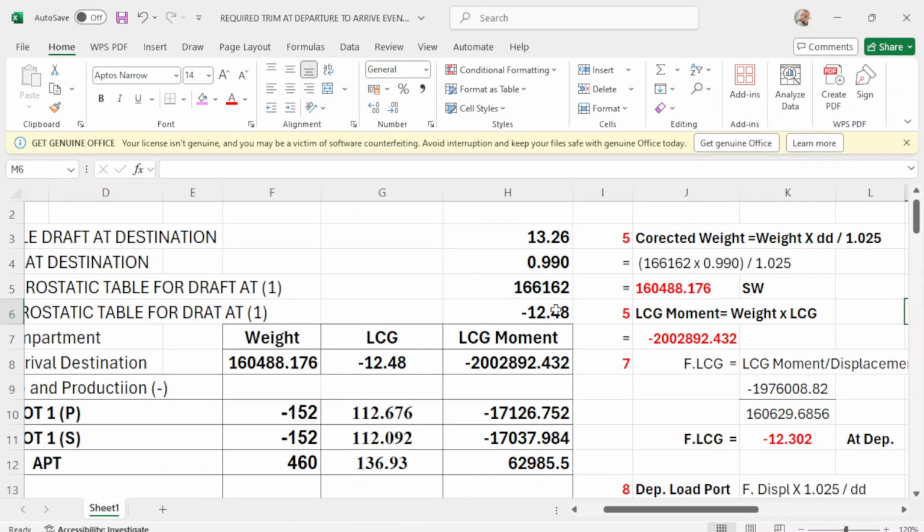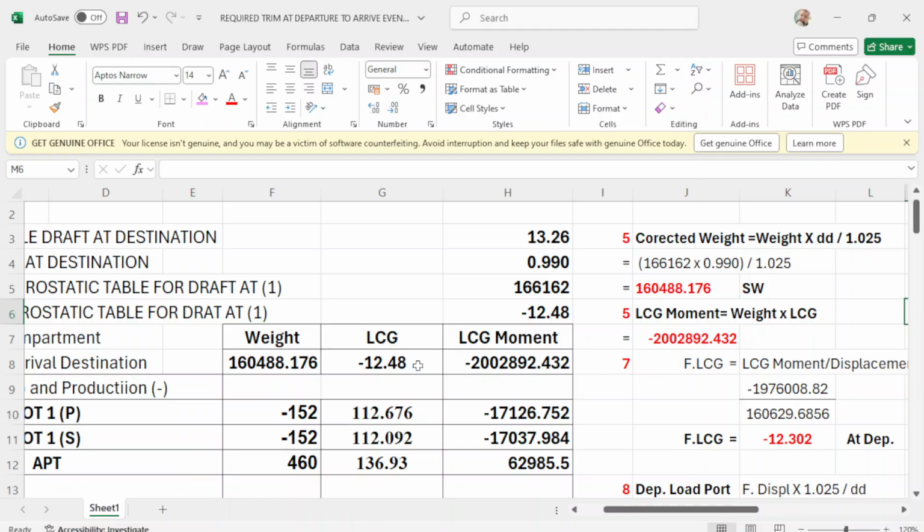And the LCG, you just carry this one down, which will be your LCG of negative 12.48. So to get this LCG moment, multiply your weight times LCG, which is this one. LCG moment is weight times LCG, that will be 2002982, which is this one.